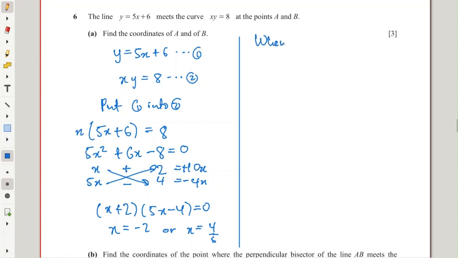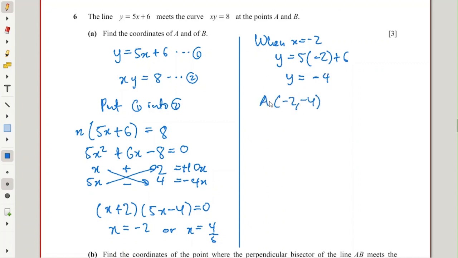When x is equal to -2, y will be, from equation 1, this is -10 plus 6, which is -4.